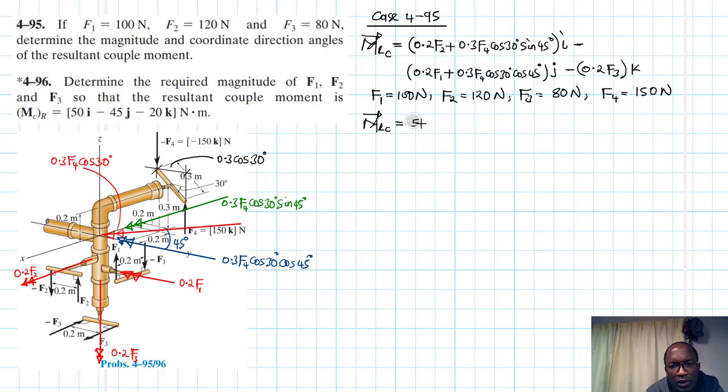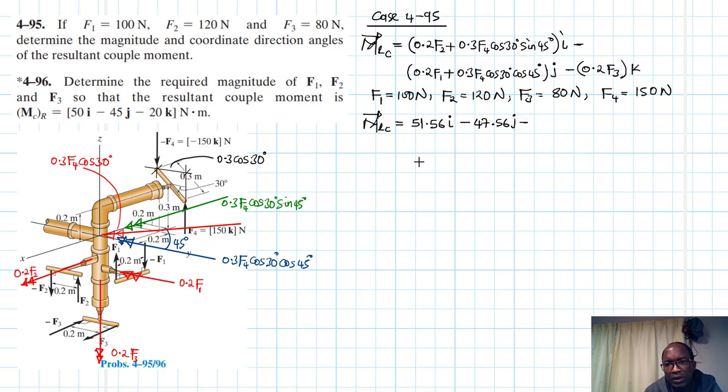So we have 0.2 by F2, that's by 120, plus 0.3 by F4, 150, cos 30 sine 45. This gives us a positive 51.56 i. Then minus, 0.2 by F1 plus 0.3 by 150 cos 30 cos 45. This gives us 47.56 j.